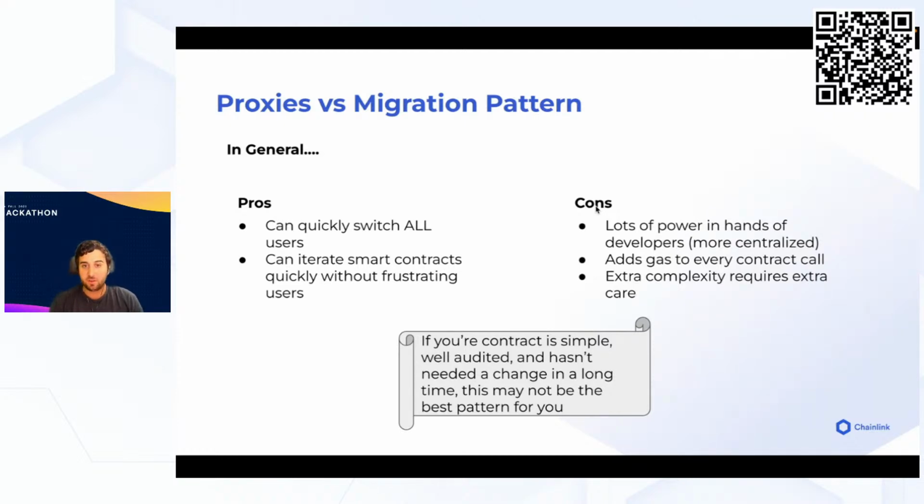But for instance, we can have the ability to switch our implementation and change that pointer in the proxy to a multisig, right? And that multisig could be 10 developers, or that multisig could be controlled by a governance mechanism in another smart contract and controlled by the users, right? So this can be a con if implemented improperly.